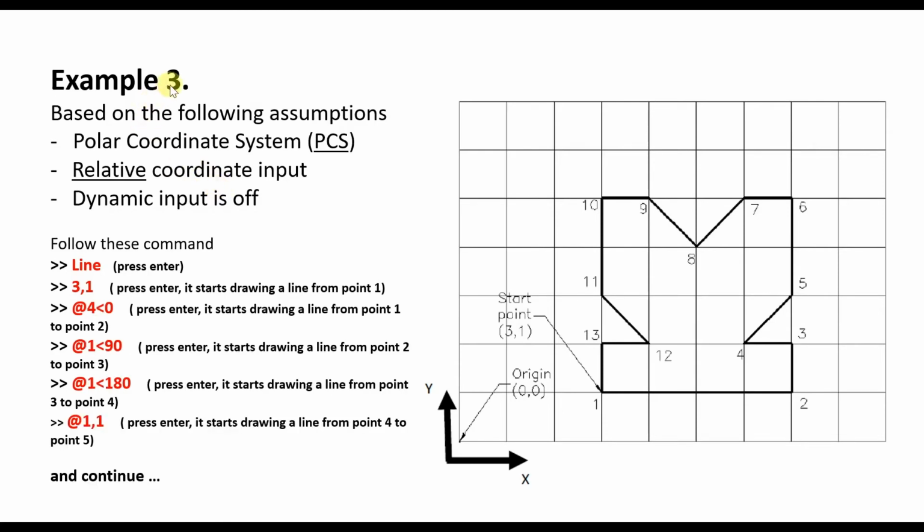Okay, we're gonna move on to example number 3, where we're gonna use polar coordinate as opposed to the Cartesian coordinate. So in polar, we're gonna put the length of the line and the angle with respect to the positive x direction using this format.